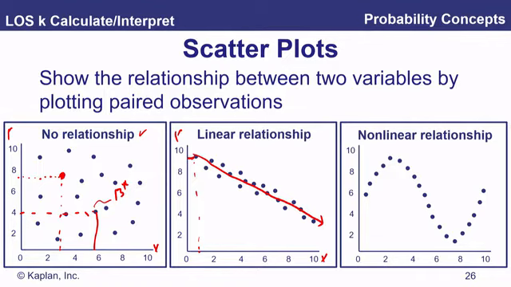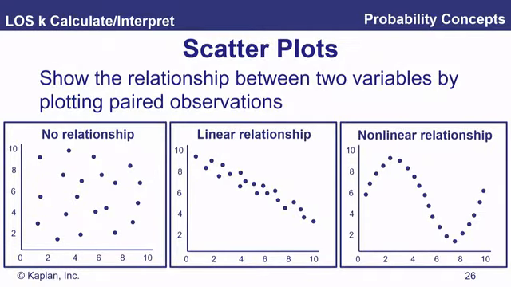But we also may have a relationship between two variables that is not inconsequential, but it's not linear. That's what our third panel illustrates: there is a relationship between these variables, but it doesn't really fit a line, does it?